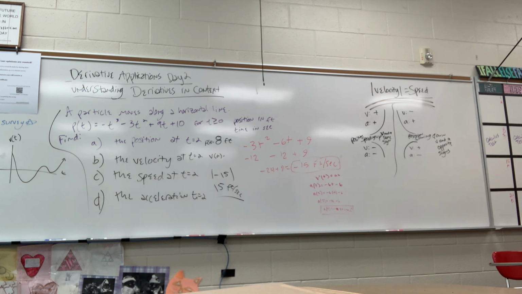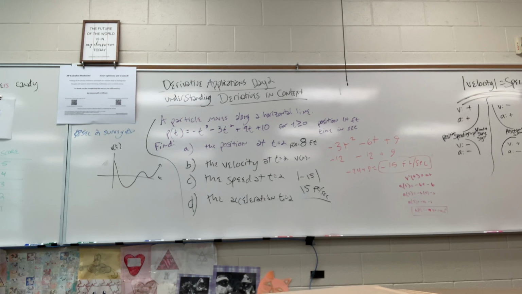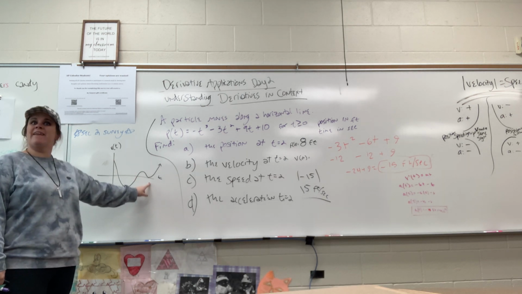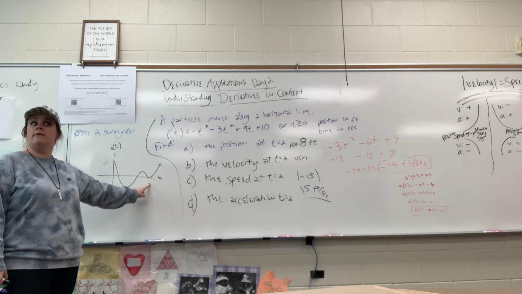How many times does this particle take a break? 3. How many times is that break also a direction change? 2. Why? Still going the same direction on the third one. It just takes a break, like a red light in a car. It just slows down and stops.